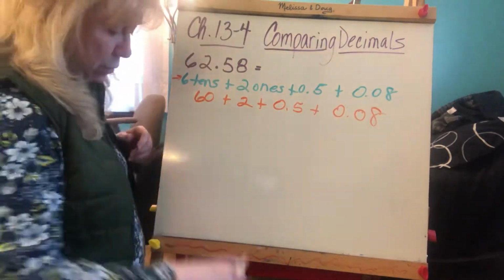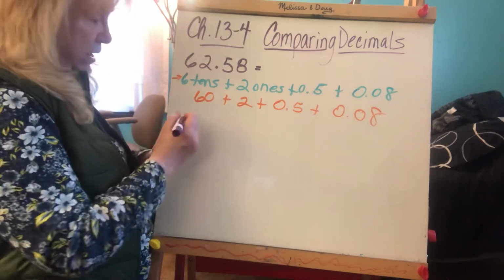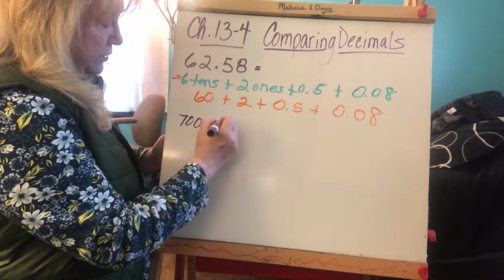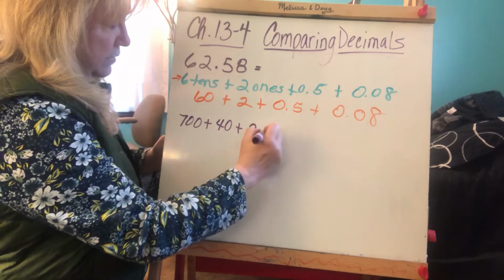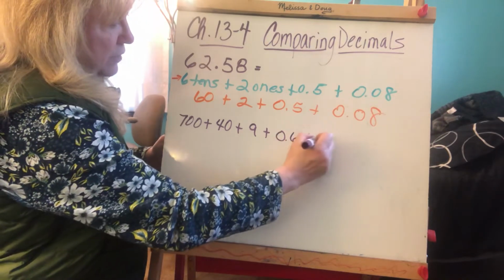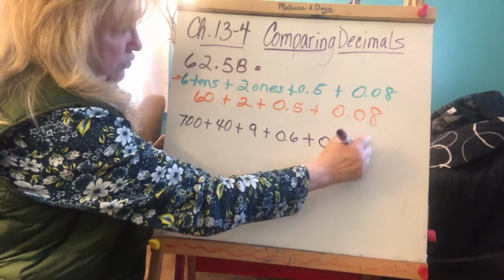We also learned that we could go in the opposite direction. Say we were given 700 plus 40 plus 9 plus 6/10 plus 2/100.